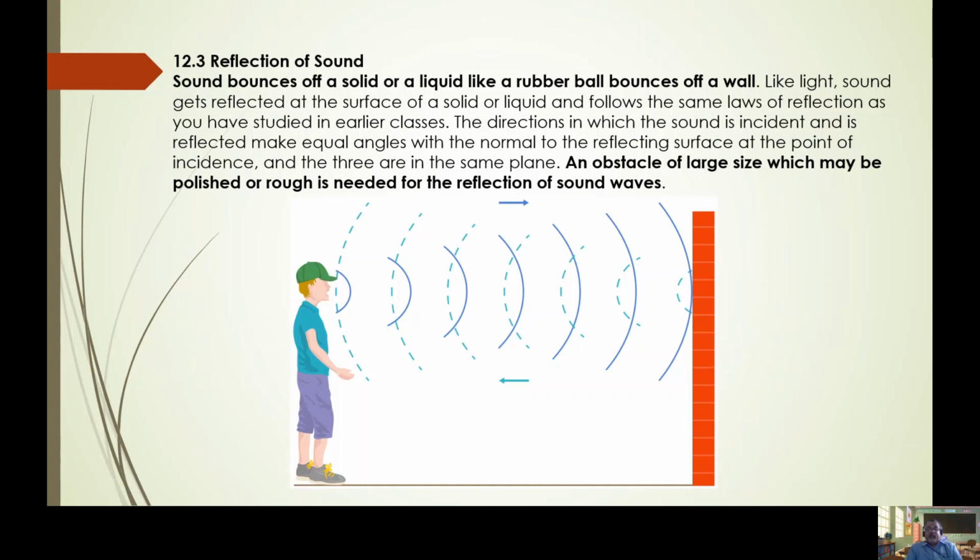The direction in which the sound is incident and the direction in which it is reflected make equal angles with the normal to the reflecting surface at the point of incidence, and the three are in the same plane. An obstacle of large size, which may be polished or rough, is needed for the reflection of sound waves.